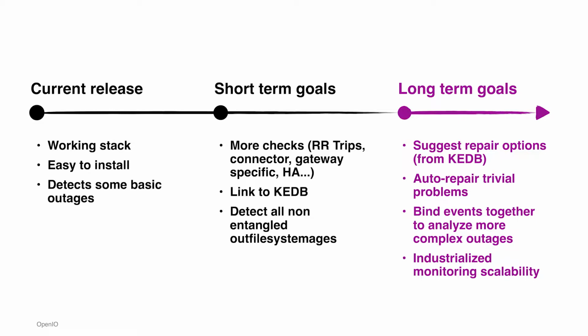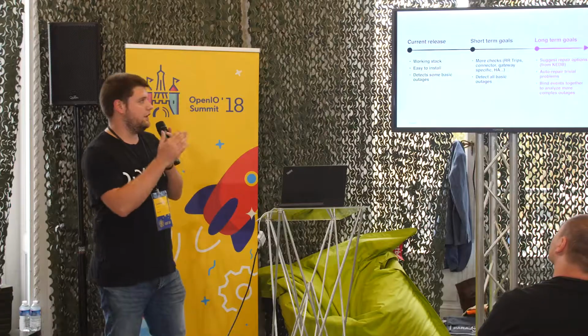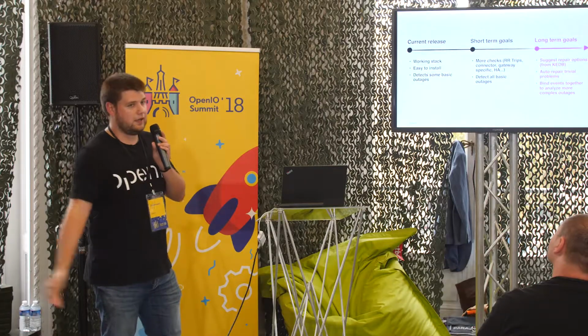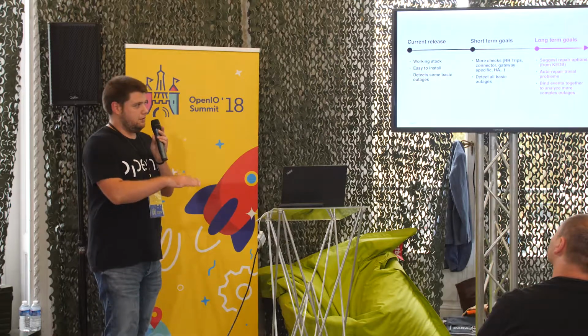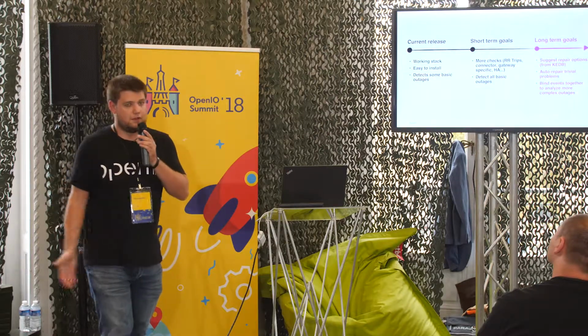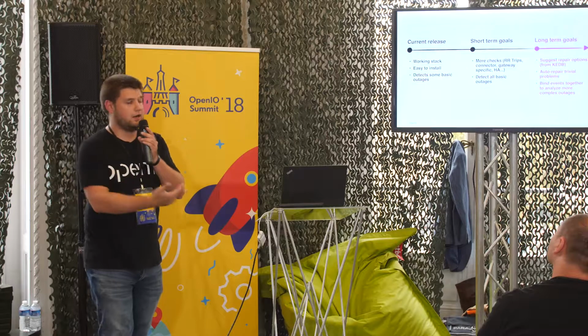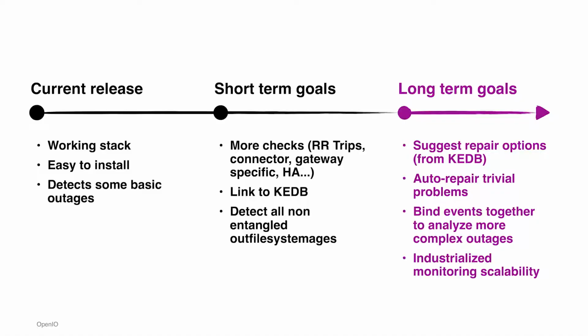We'd like to monitor other stuff, for example, our file system connector, our high availability setups and stuff like that. And then we will basically be able to detect all basic outages that could happen, and have it reported as an alert or as an event to our system.